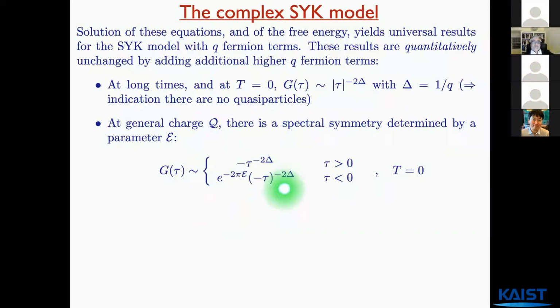If your Q is close to 1, it's much easier to remove a particle than add a particle, and vice versa when Q is close to 0. So there's an amplitude ratio of these two amplitudes, and that's going to characterize this number E, capital E. It's just a number that goes from minus infinity to infinity. I write it in this strange way because it turns out to be a useful way to do things at finite temperature.